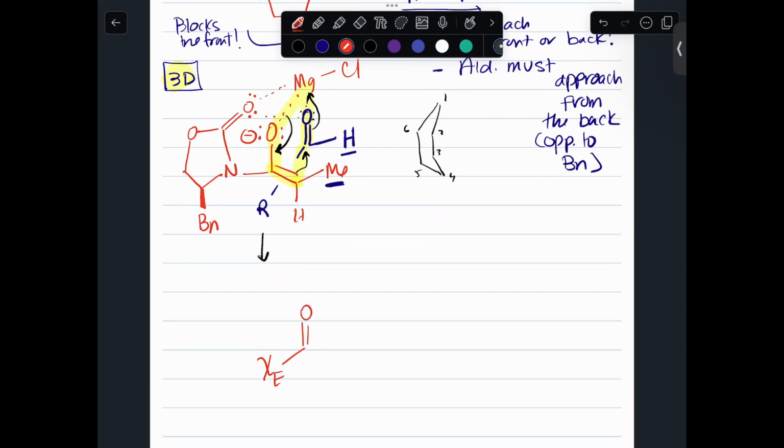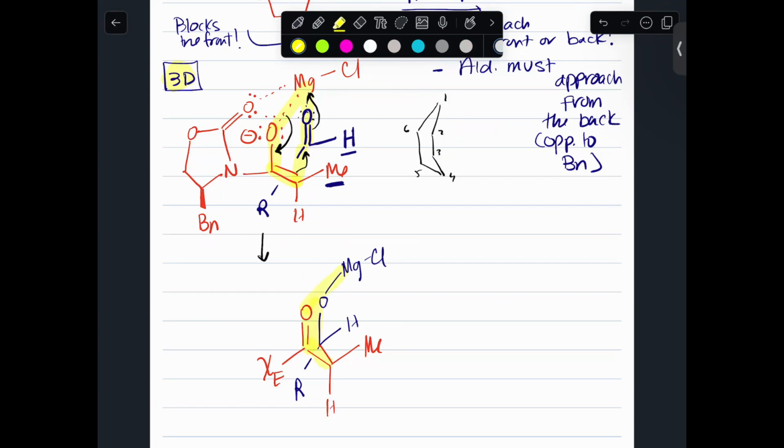So this is still my new product, but again, I'm drawing it in boat conformation, so bear with me. And I'll also color code this. So notice how everything is drawn in boat conformation. Hopefully you can see that. Okay.